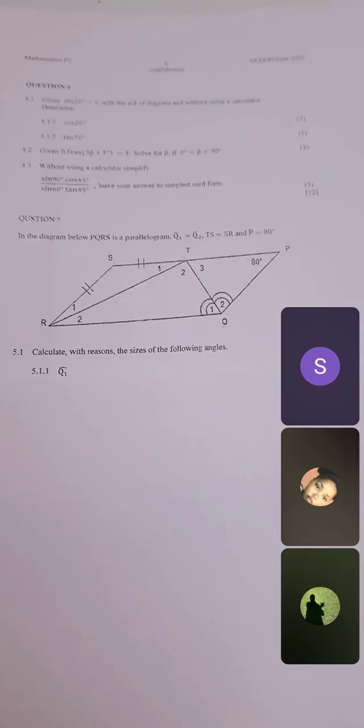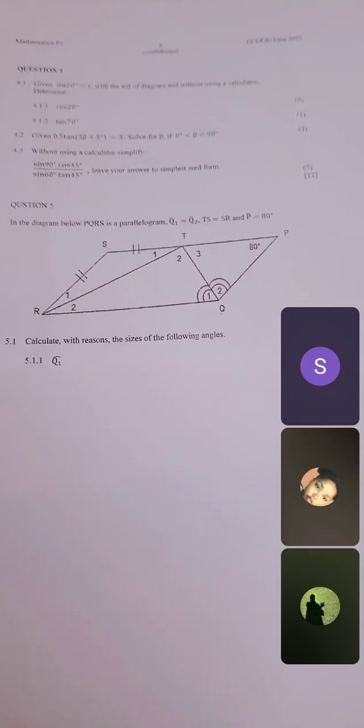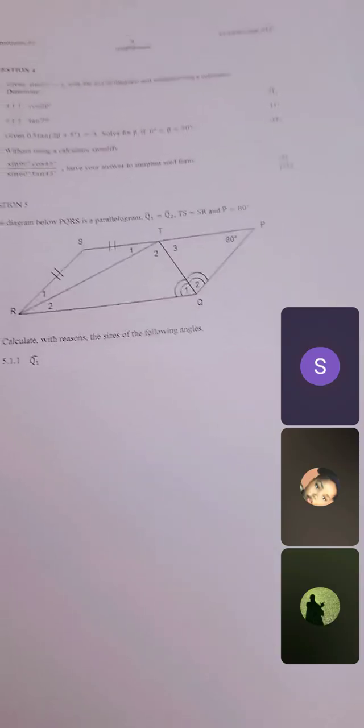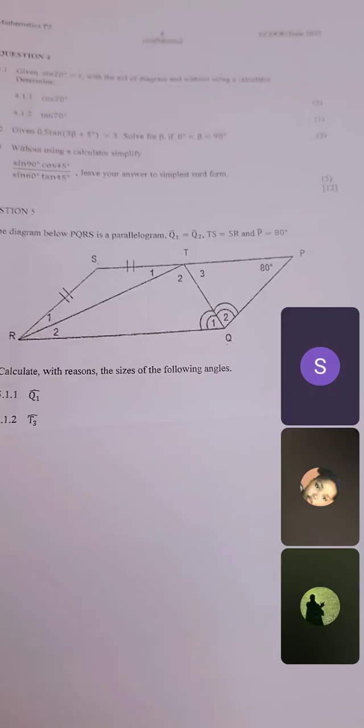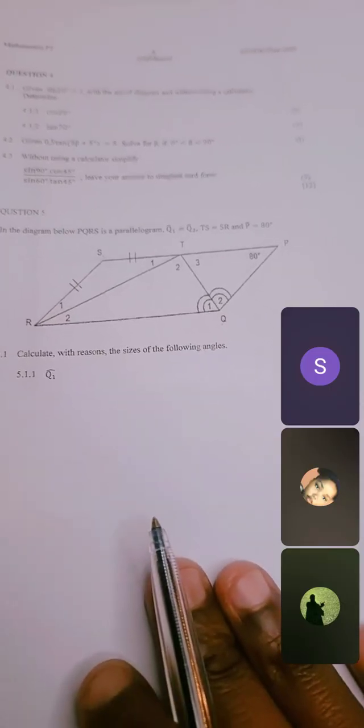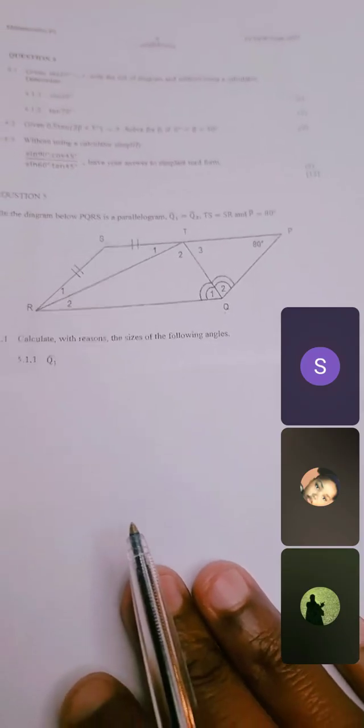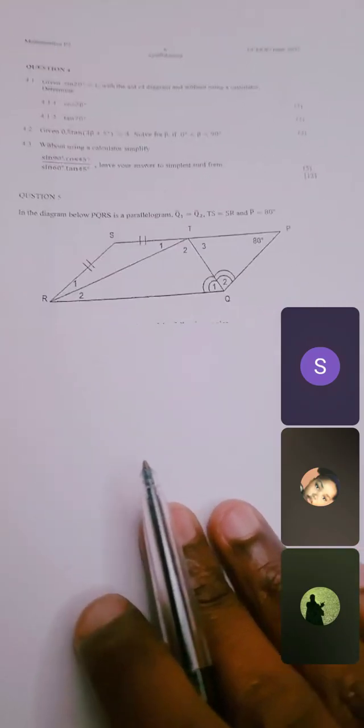Ellen is saying angle T1 is equal to 80 degrees, corresponding angles. No, T1 is not corresponding to angle P, Ellen. For that to be true, this line and this line must be parallel, and then we would say bottom, bottom or top, top. That's not true. Any other thoughts?